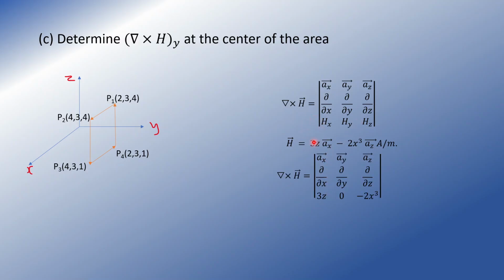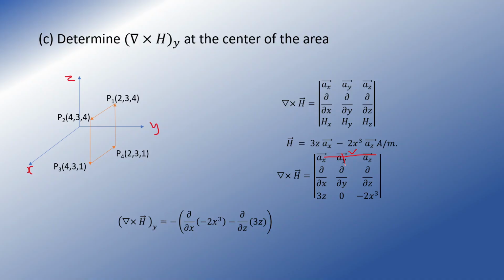That is, the hx component is 3z, the hy component is not present because the ay component is not present here, and the Hz component, which is accompanied by az, is minus 2x cube. Expand the determinant mathematically. If you want to find it with respect to y, we don't have to expand the entire determinant. What we need is only the component of ay.